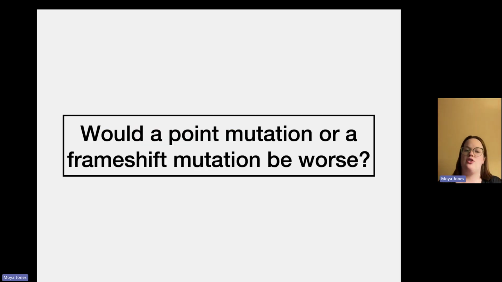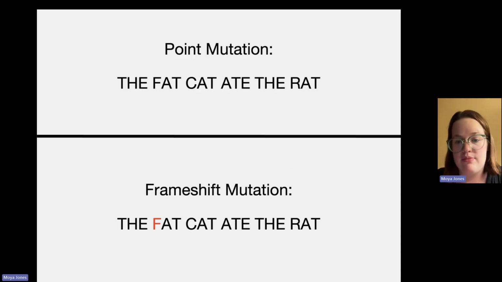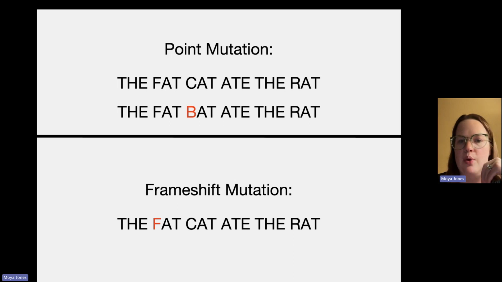So would a point mutation or a frame shift mutation be worse? A frame shift mutation has a much bigger effect. So if we did a point mutation to this sentence, the fat cat ate the rat, and we switched out this one single base here, the sentence now says the fat bat ate the rat. So it changed part of the sentence, it changed one of the words.